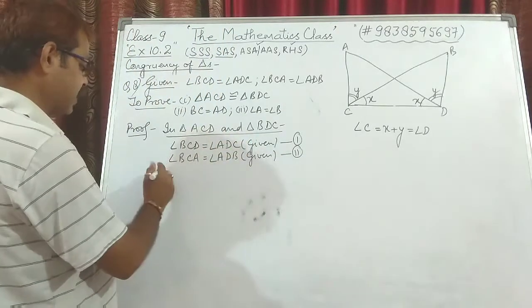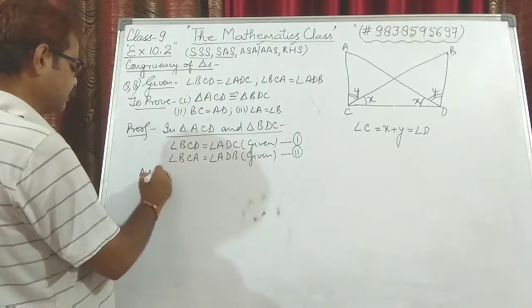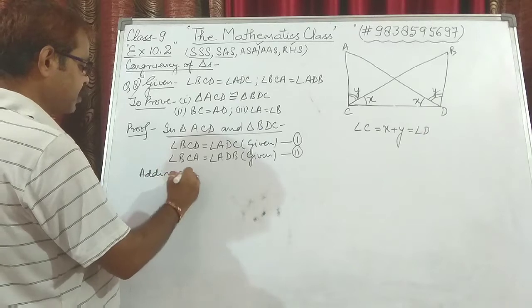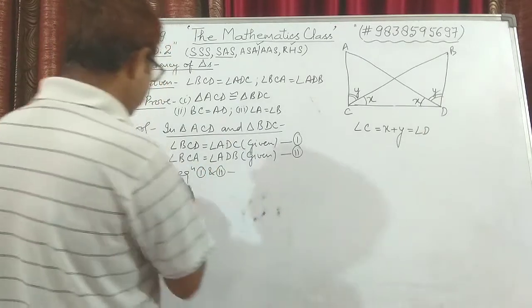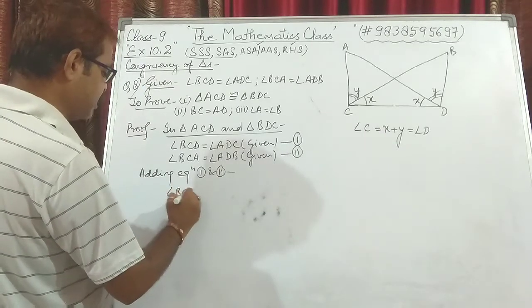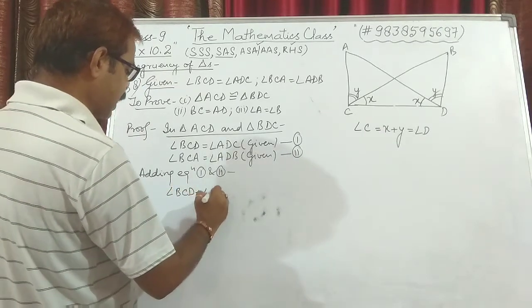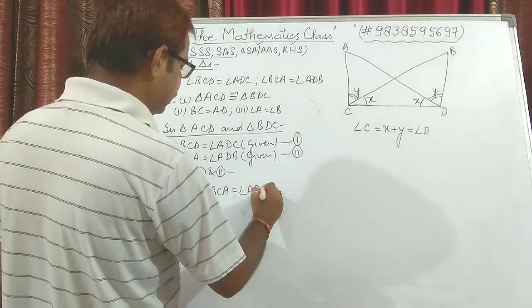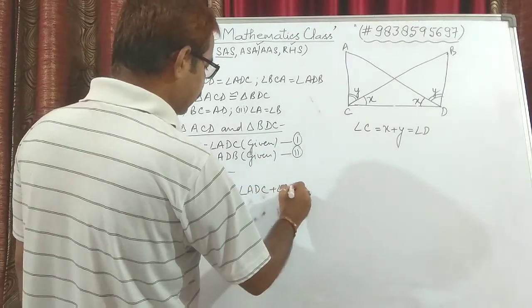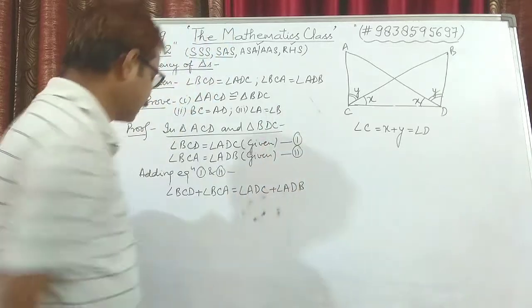When we add equations 1 and 2, we can say angle BCD plus angle BCA is equal to angle ADC plus angle ADB.